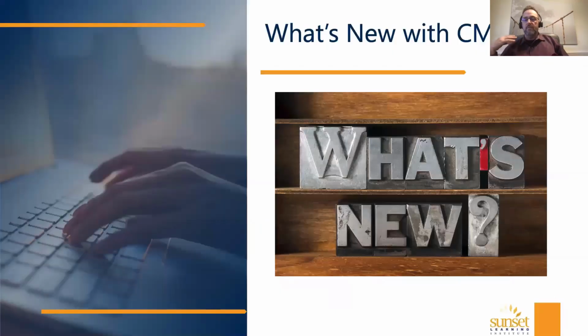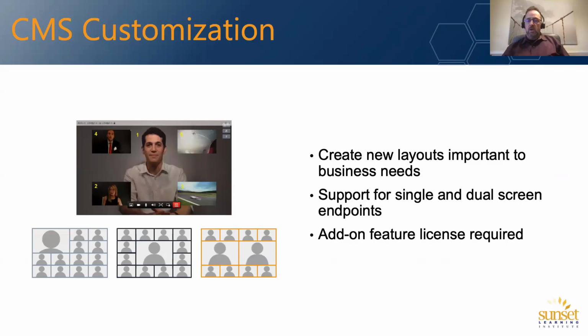So now that I've introduced what CMS is and the backbones of what makes CMS work, let's take a look at what's new in the CMS solution. Starting with version 2.8, Cisco really went through and started improving the features and functions of CMS.